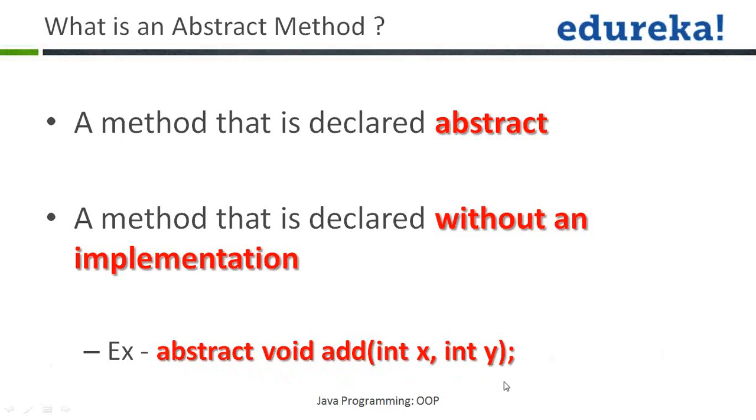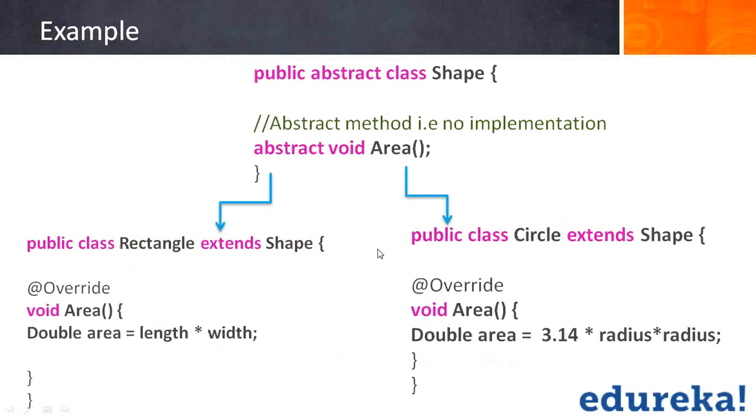So this is one abstract method. An abstract class can have abstract methods within it. For example, public abstract class Shape, abstract void area, you're declaring a method right here. This is an abstract method.